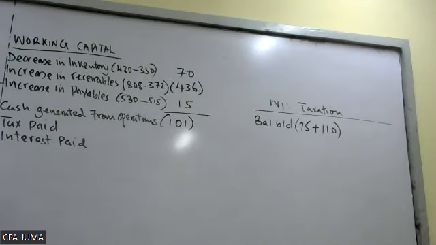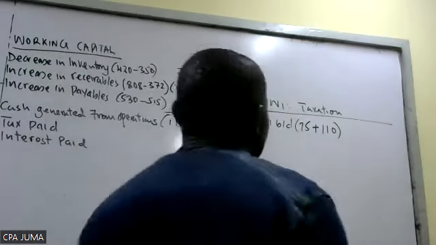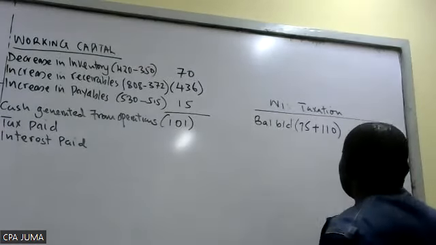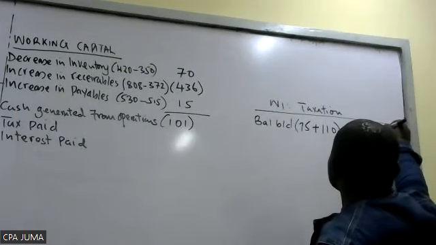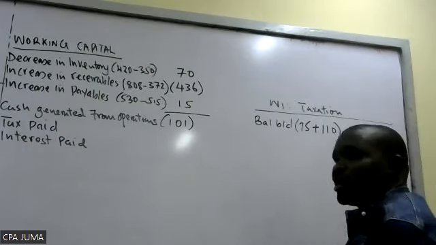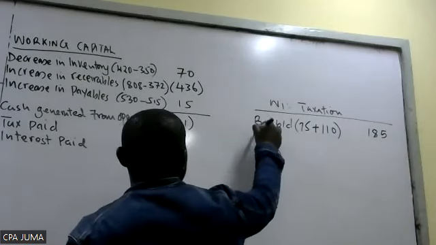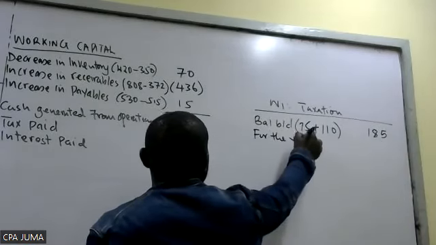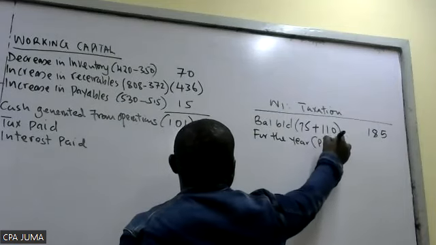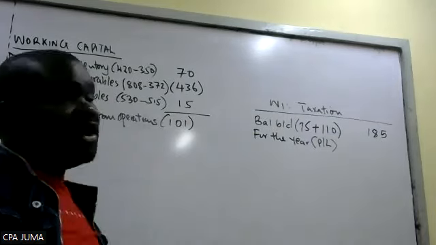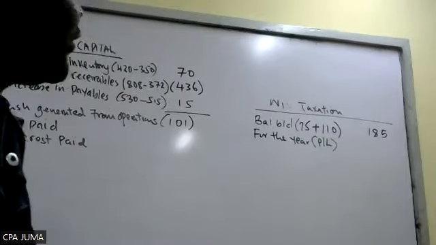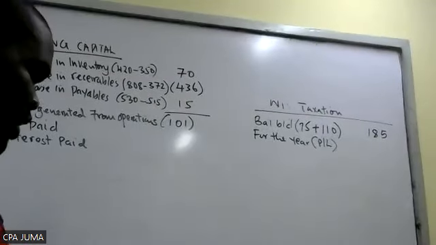So I hope you have seen that. So it comes to 185. Then P&L for the year. So that was the obligation at the start of the year. The 185 was an obligation at the beginning.